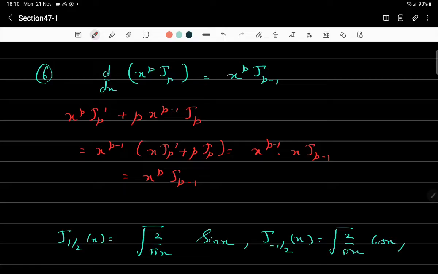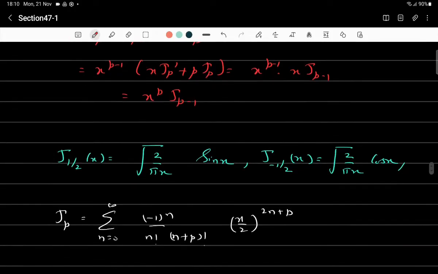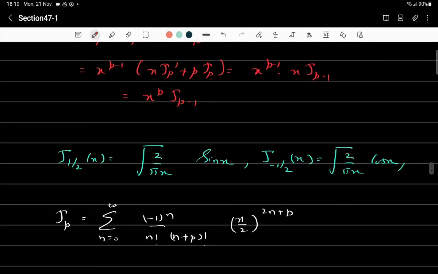Now one more interesting property says that J half x is root 2 by pi x sin x. Yes, again we'll go by definition. So we know this is how we can write down Jp. Now in this Jp, this summation is over n, and I know the series expansion of sin x, x minus x cube by 3 factorial and so on.